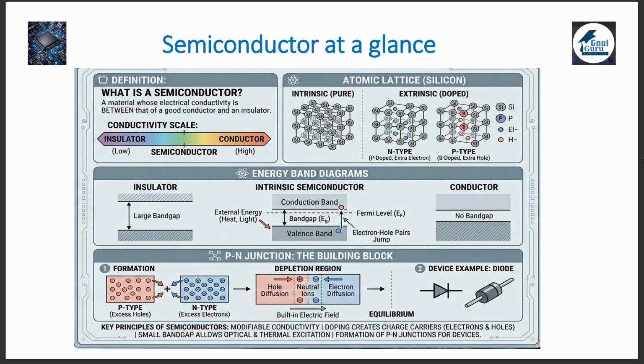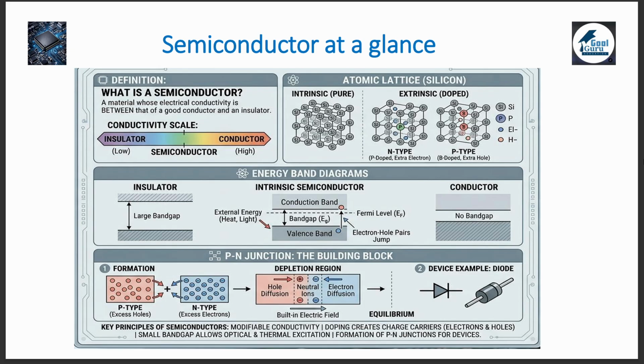To summarize, we have seen the definition of semiconductor. It lies between insulator and conductor. What is meant by pure, that means intrinsic semiconductor. What is meant by extrinsic semiconductor? It is formed because of doping, and doping is the addition of impurities.